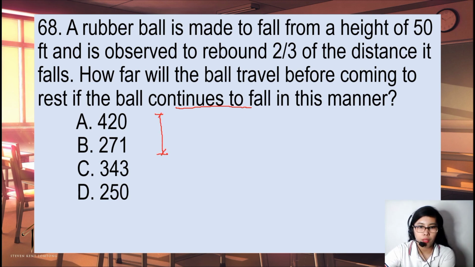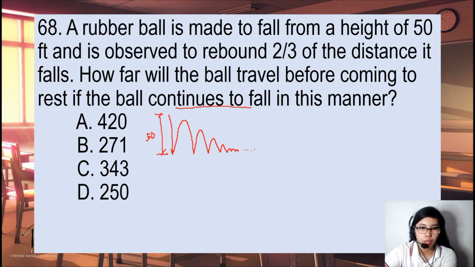This is 50, where the ball fell. So after falling 50 feet, then it will bounce 2/3 the distance. Okay, and we don't know how long that would be.